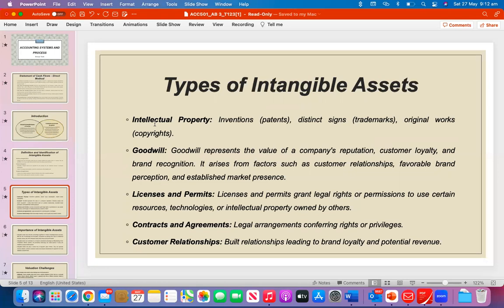Licenses and permits grant legal right or permission to use certain resources, technologies, or intellectual property owned by others. Contracts and agreements are legal agreements conferring rights or privileges. Customer relationships build brand loyalty and potential revenue.